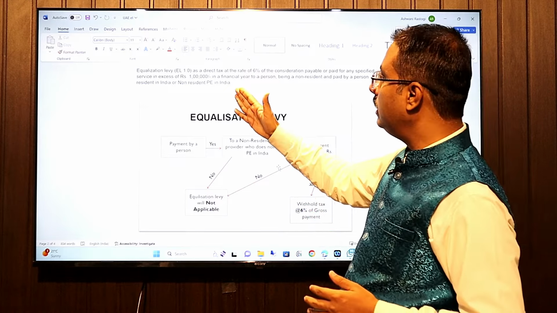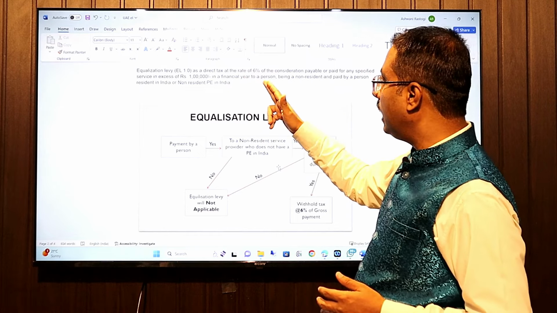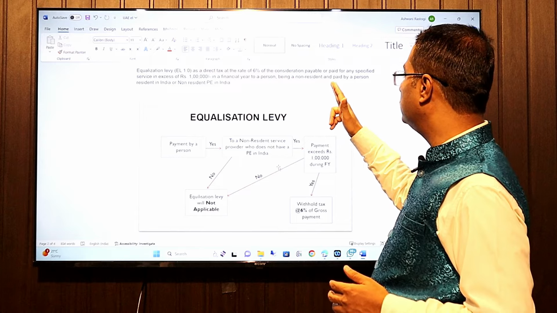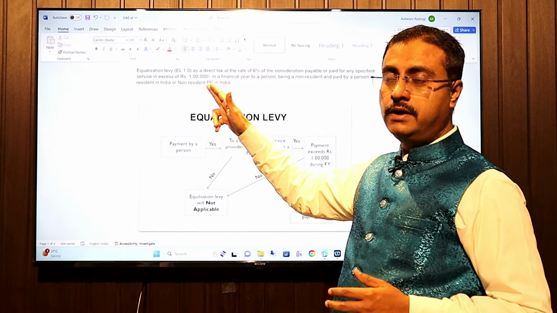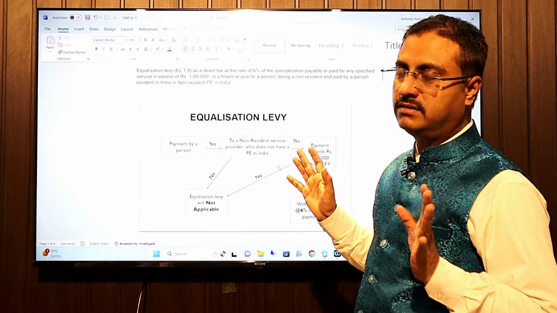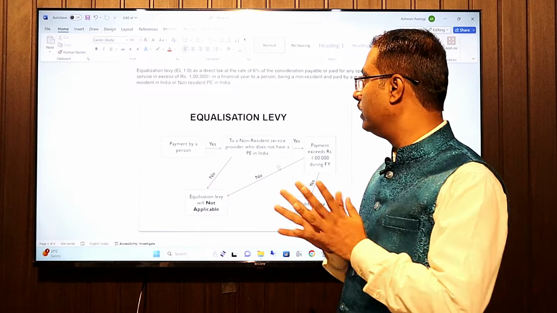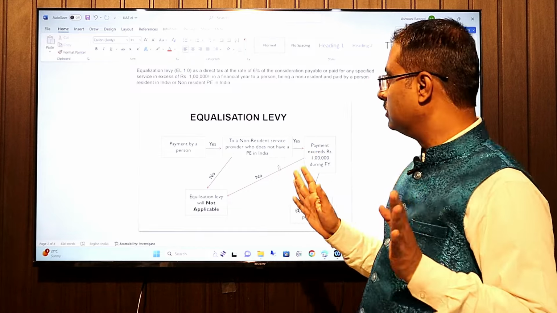This equalization levy is called EL 1.0, a direct tax of 6% on consideration payable or paid for any specified services. Specified services means online advertisement service, which is what Google AdWords is doing. This tax is called the Google tax.